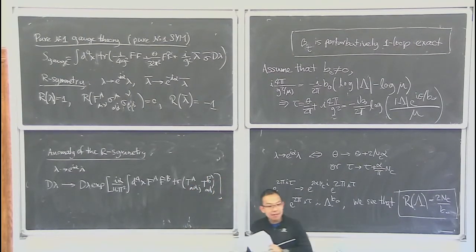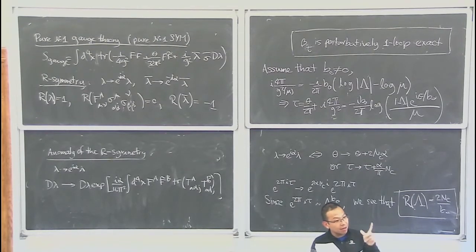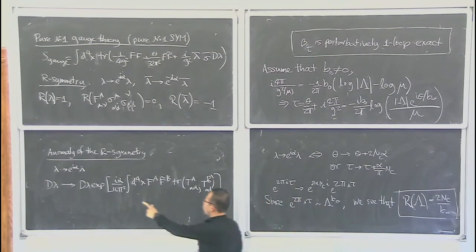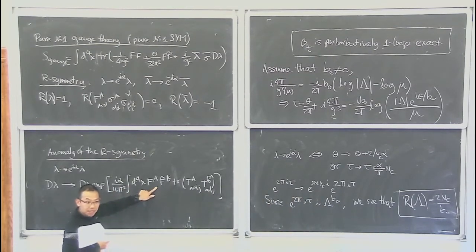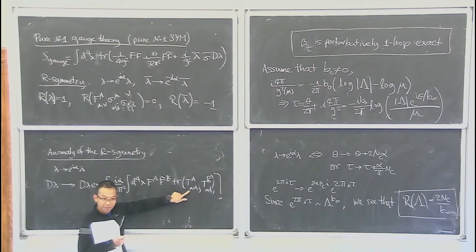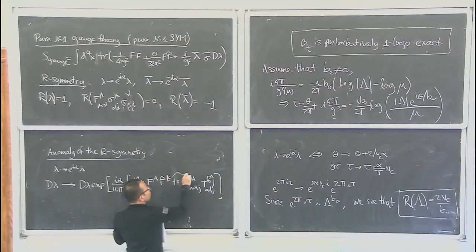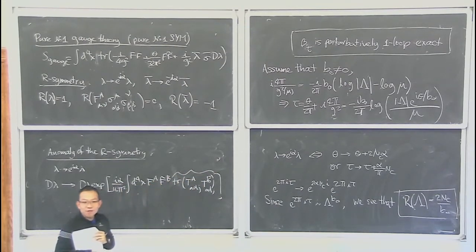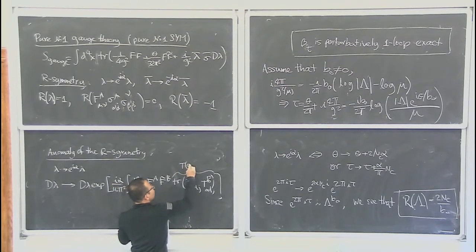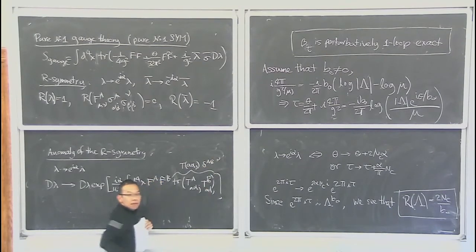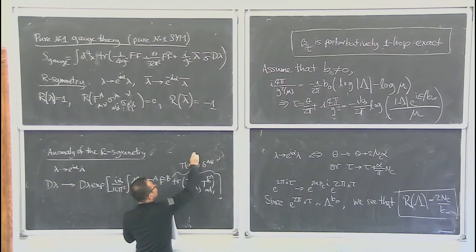Do you agree with this? Because I just showed that this shift in the phase corresponds to a shift in this term. This is the anomaly, right? This shift in the theta angle by this amount. You agree? Who can recall this? This is simply the Dynkin index, what you call T adjoint times delta AB. And for us this is N_c.